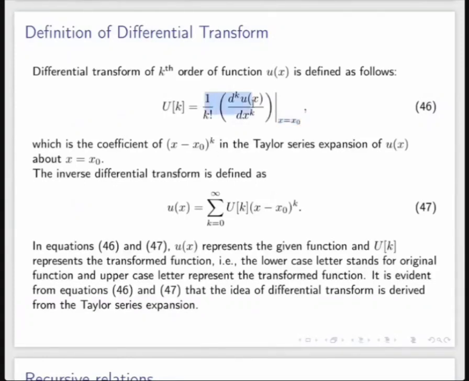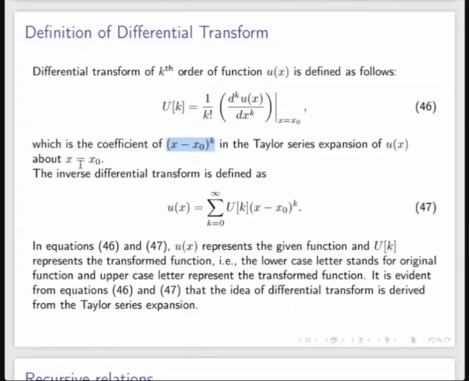And if you see closely, this is nothing but the Taylor coefficient in the Taylor series, the coefficient of the term x minus x naught whole power k. That Taylor coefficient is taken to be the differential transform of the function u of x.